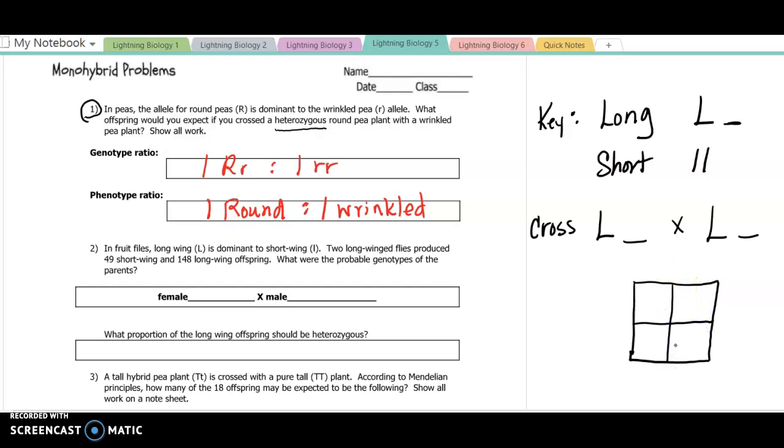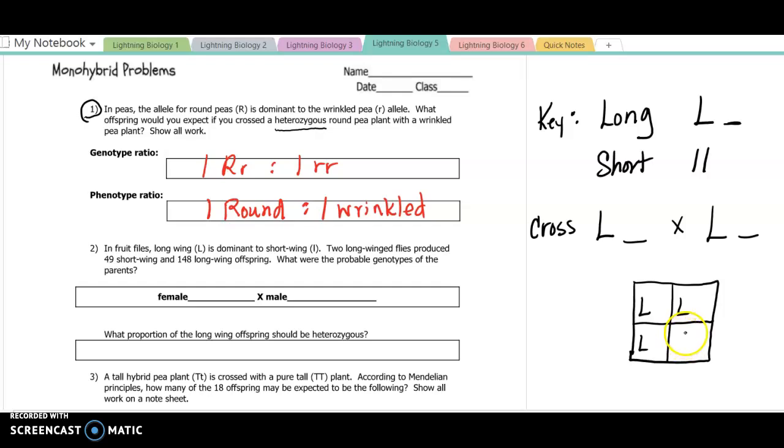I know that 49, and let's just round it, I know that 50 of them are short wing and 150 of them are long wing. So 3/4 of them are going to be long wings. So 3 of these 4 boxes are going to have a big L in them. But here's the thing. 1/4 of them are short wing.